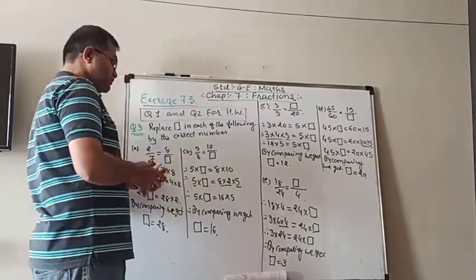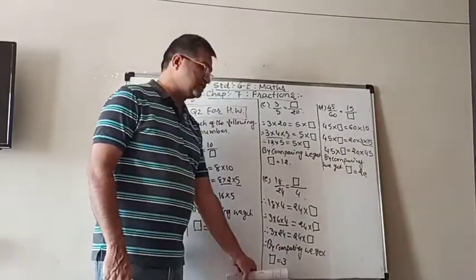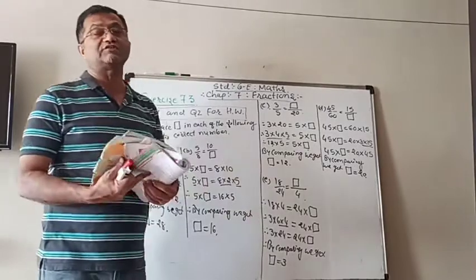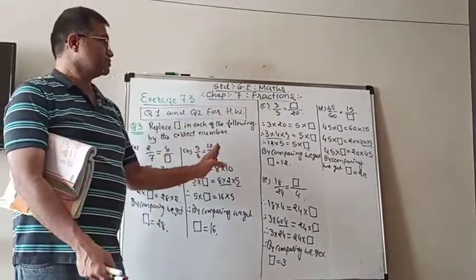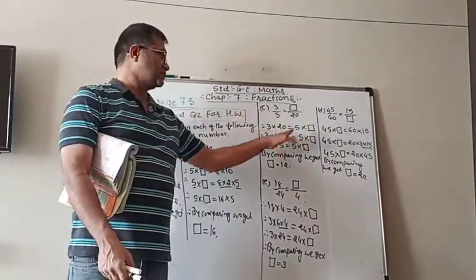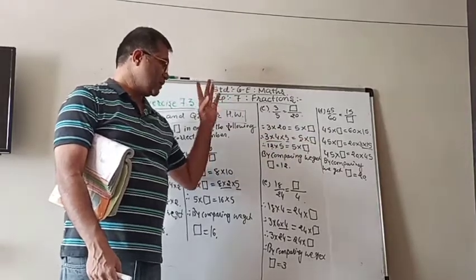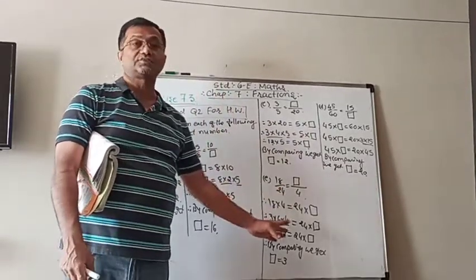So, if you know the method that by cross multiplication we get an equal answer, then we have to factorize like that and find the value of the box.